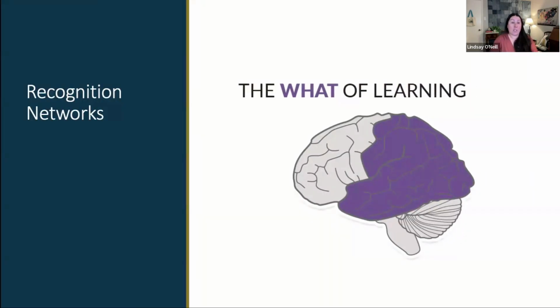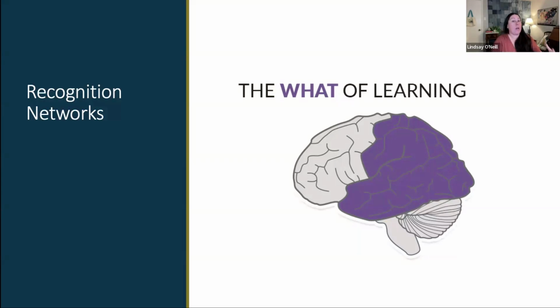All right, recognition networks. This is the what of learning, like, what we're recognizing. These are the networks that are responsible for how we gather and process sensory information. So what you see, what you hear, what you're reading, or what you smell even. They're going to help us identify patterns and understand content.